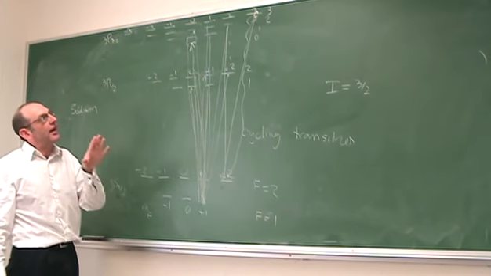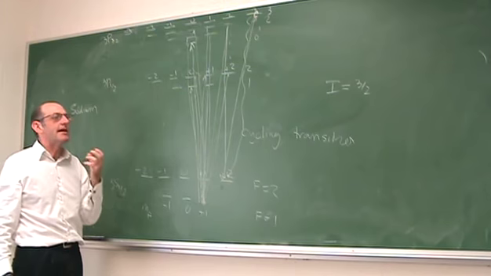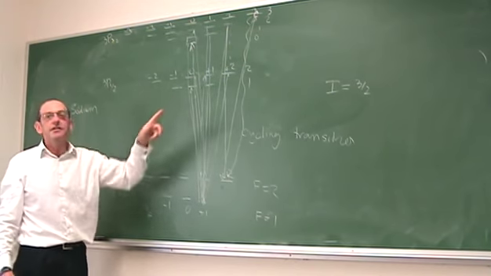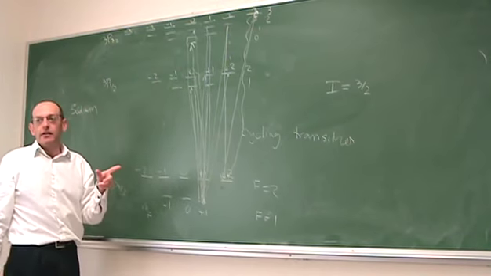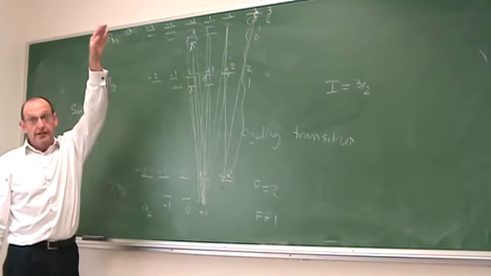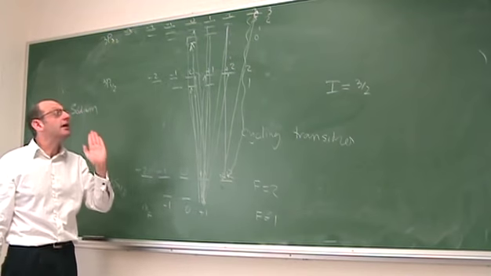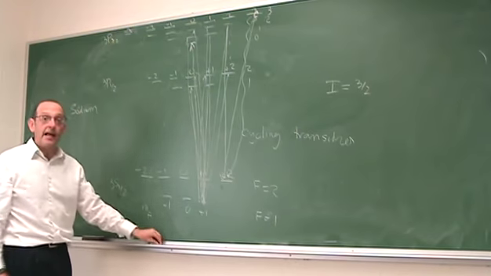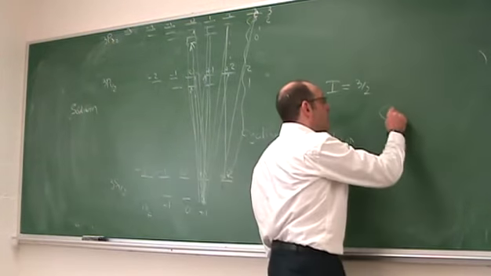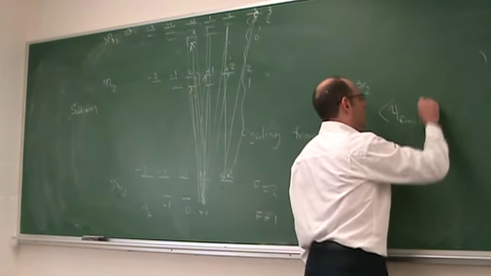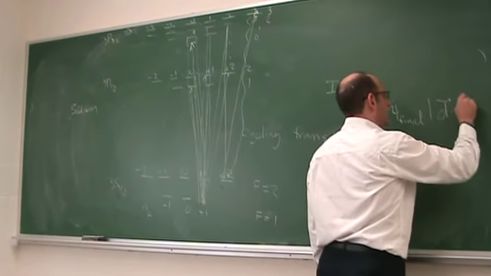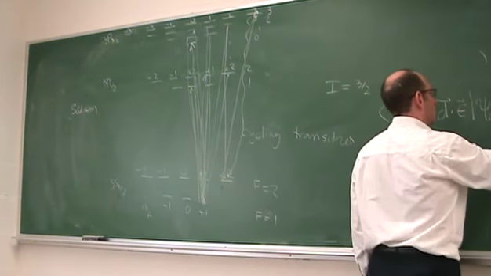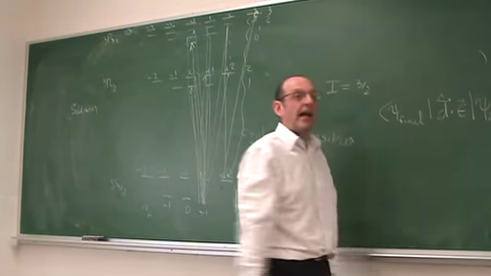The other point that I want to emphasize, and we'll talk about next time, is which of these transitions is driven. If I'm talking about absorption, not spontaneous emission, it depends on the polarization of the light. In particular, what we had was the matrix element between the initial state and the final state of that operator.